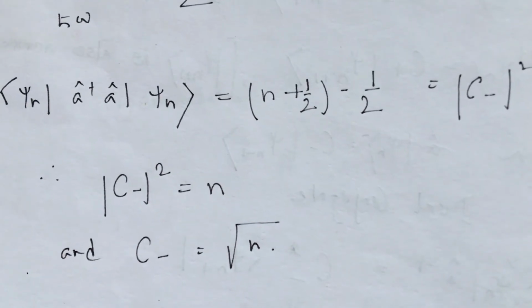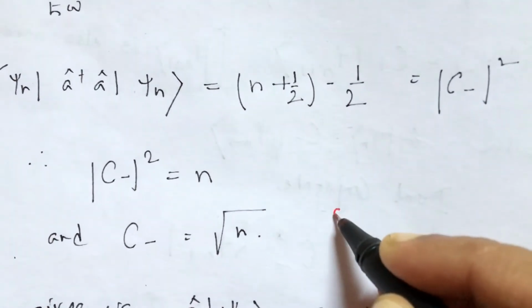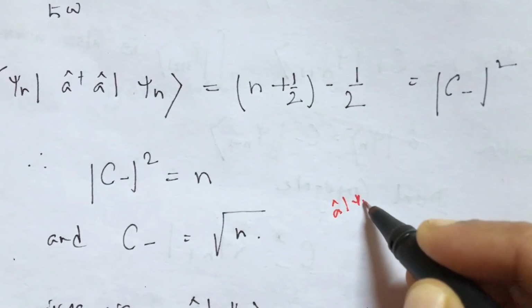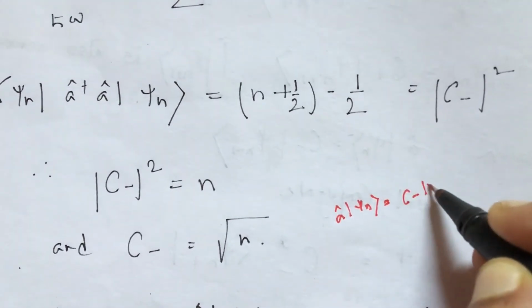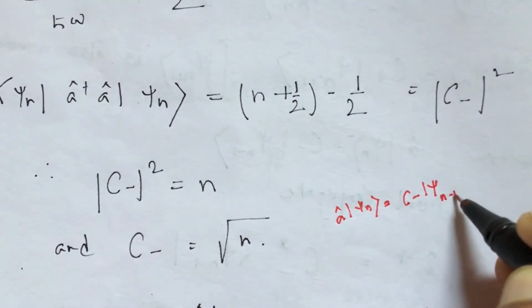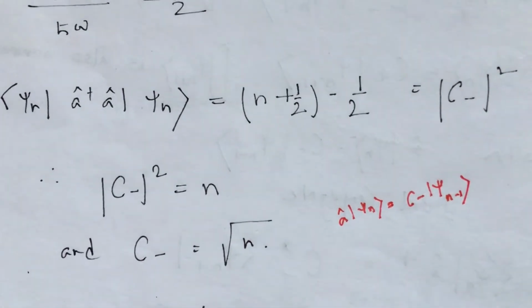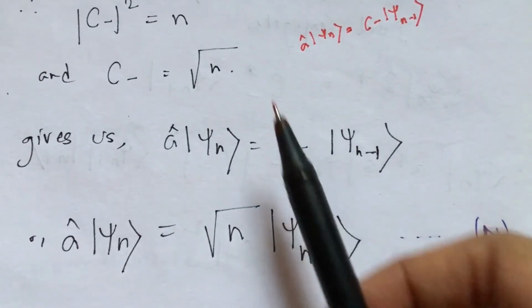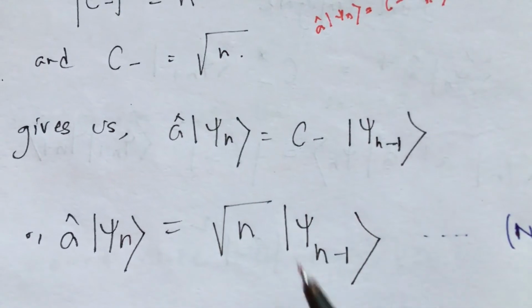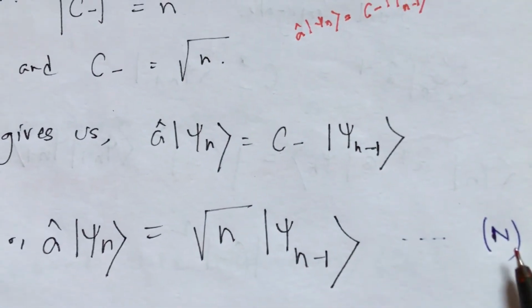Previously I have written that A psi n equals C minus psi n minus 1, and in place of C minus, now I can easily write root over n, and this is my equation number n.